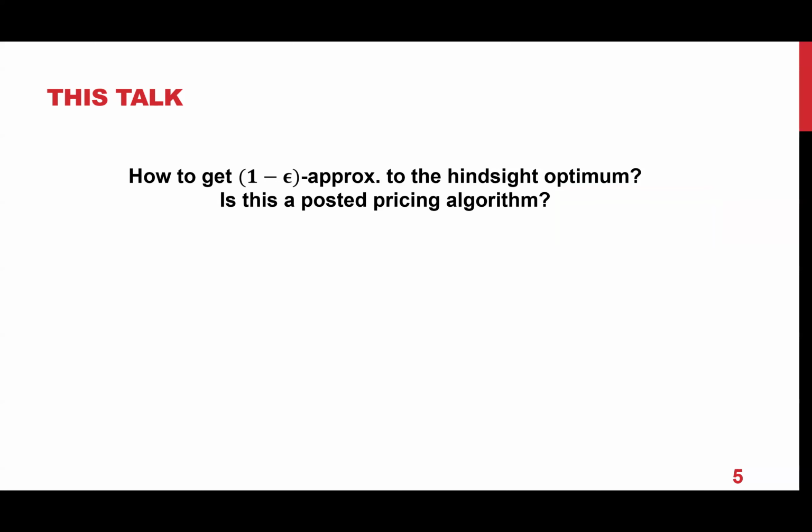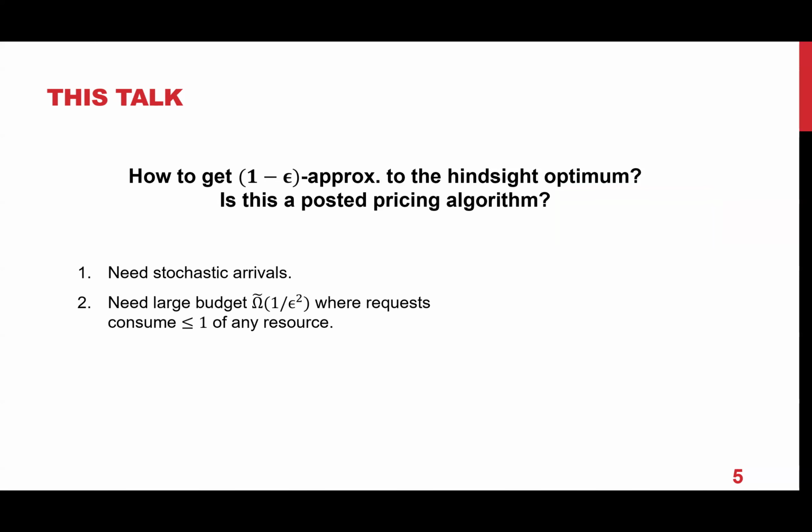To achieve this objective, we'll need two assumptions. One is that these arrivals cannot be arbitrary. They cannot be fully adversarial. You need to know something about the underlying distribution. So we'll assume some kind of stochastic arrival, that these requests come from some underlying distributions that may or may not be known to you, but the modeling assumption is that there exist some independent distributions generating these requests.